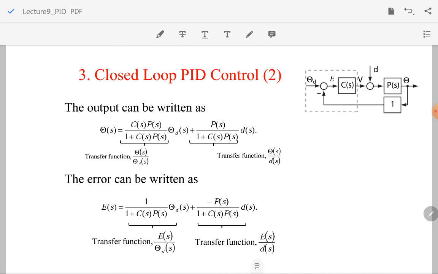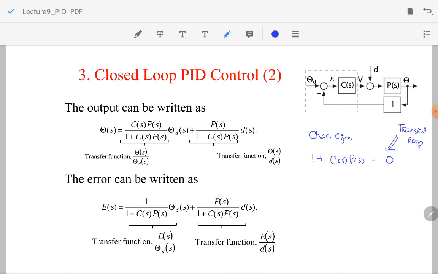And then you realize we have a characteristic equation: 1 plus compensator times plant equals 0. And then we'll be finding the roots of the equation soon. This controls the transient response.